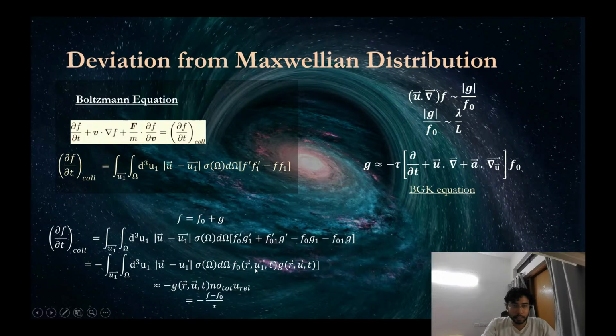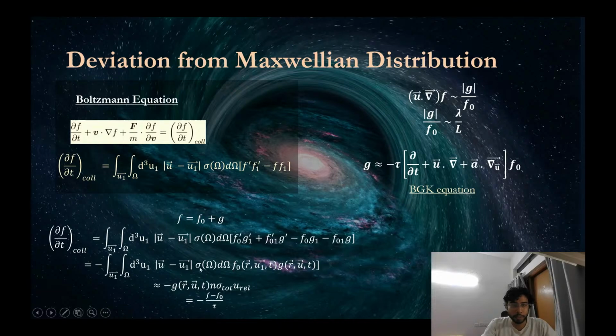Now we just do a simple integration. We take g out of the integral, and we say that g is weakly dependent on the integral parameters like u1 and omega. So we take g out of the integration, and then we are left with this part only.